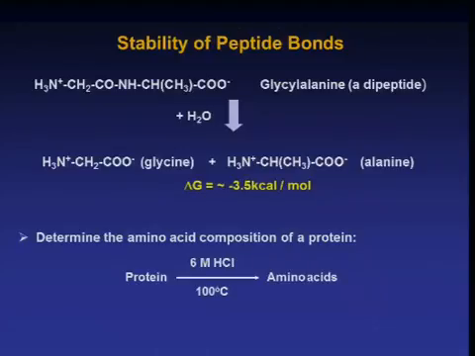Okay, so a little bit about the stability of peptide bonds. Here, if we take a dipeptide, glycylalanine, glycine hooked up to alanine, we put it in water to hydrolyze back into the two amino acids. The delta G for that is what? It's negative, so what does that mean?